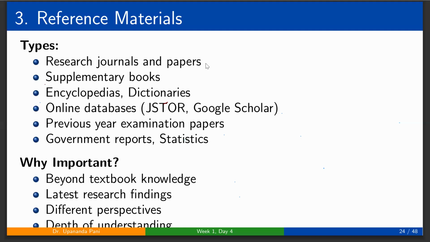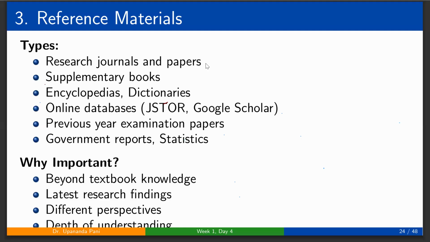Suppose Madhusmita is teaching development economics. She should be aware of the very good journals in her own area. In some interviews, you will be unprepared, but they will ask, okay, you have taught economic development, can you tell us some of the good journals? So they will check whether the teacher is aware of all this or not.